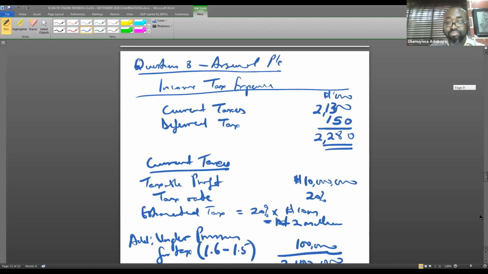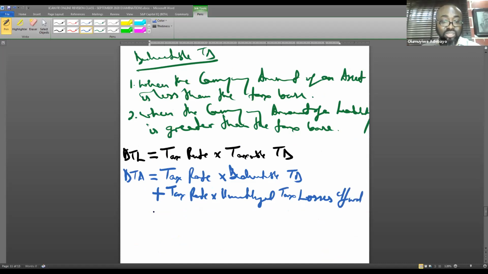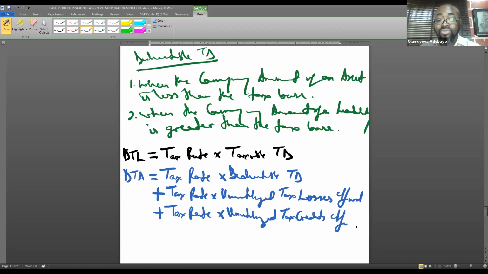And therefore, to determine the amount of deferred tax assets, we must also recognize the effect of the tax rate on unutilized tax losses allowed to be carried forward, plus tax rate times unutilized tax credits, such as capital allowances, allowed to be carried forward, which implies that deferred tax asset is a recognition of the effect of deductible temporary difference, unutilized tax losses carried forward and unutilized tax credit carried forward.